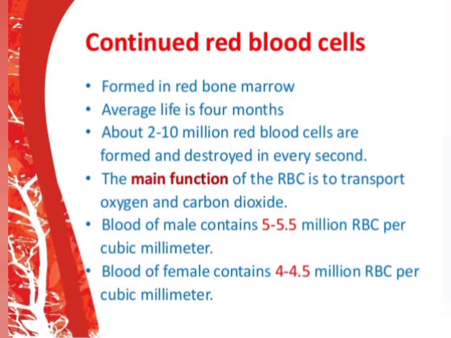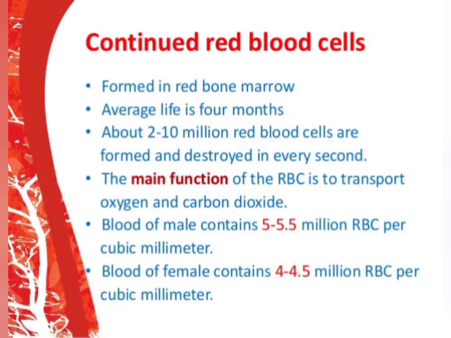If we talk about the formation of red blood cells, these red blood cells are formed in red bone marrow. This red bone marrow is a kind of tissue that is basically found in the flat bones of our body. Examples of these flat bones are the ribs, sternum, vertebral column, etc. The average life of a red blood cell is 4 months or 120 days.